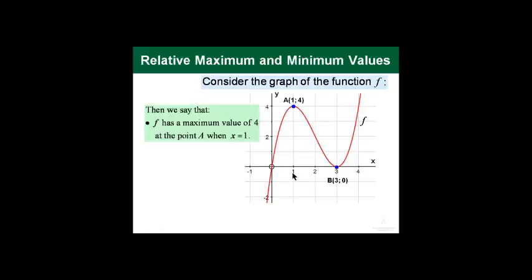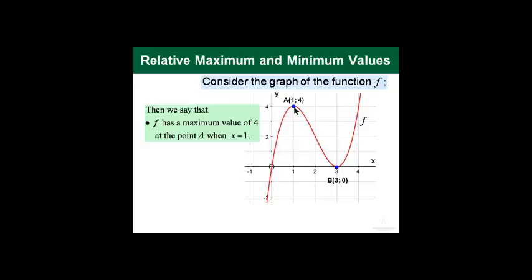Now in this case we say that the function f has a maximum value of 4 at the point A when x is equal to 1. Can you see the output value? The y value is 4 when the input value x is equal to 1, which corresponds to the turning point, in this case a maximum at that point for the function.